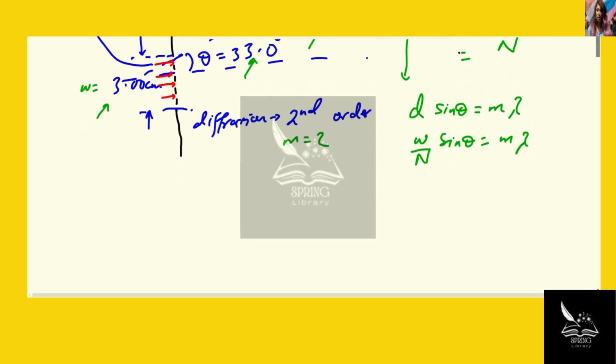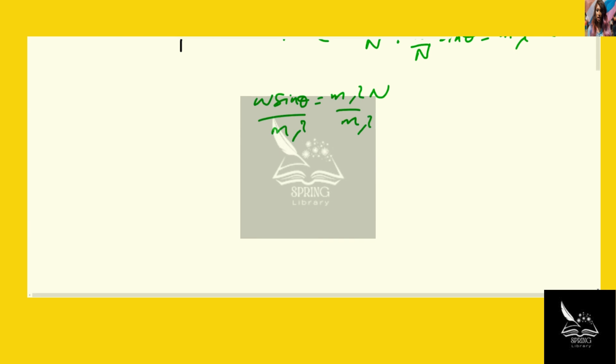In this instance, we can still simplify this using algebra: multiply both sides by n. So we have w sine theta equals m lambda n, and then we divide both sides by m lambda. That gives us an appropriate formula for n, which is the number of lines. So we have w sine theta over m lambda.